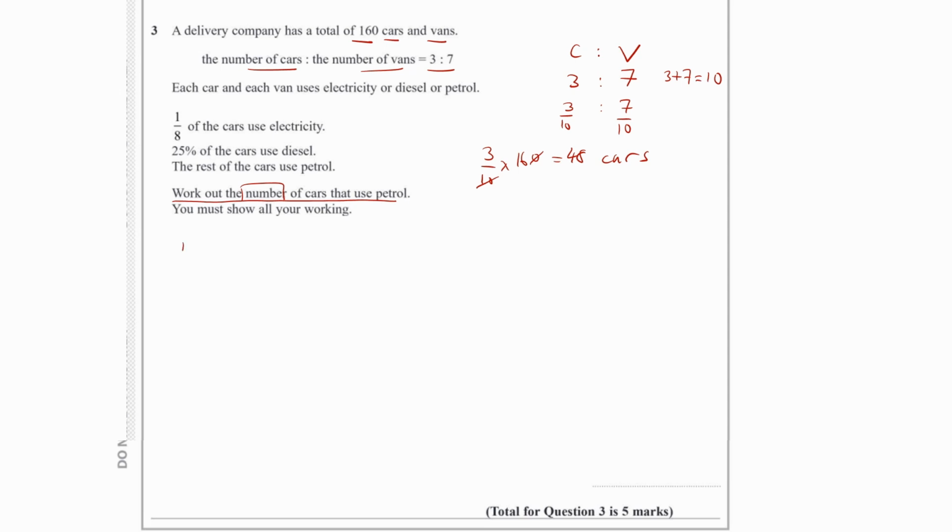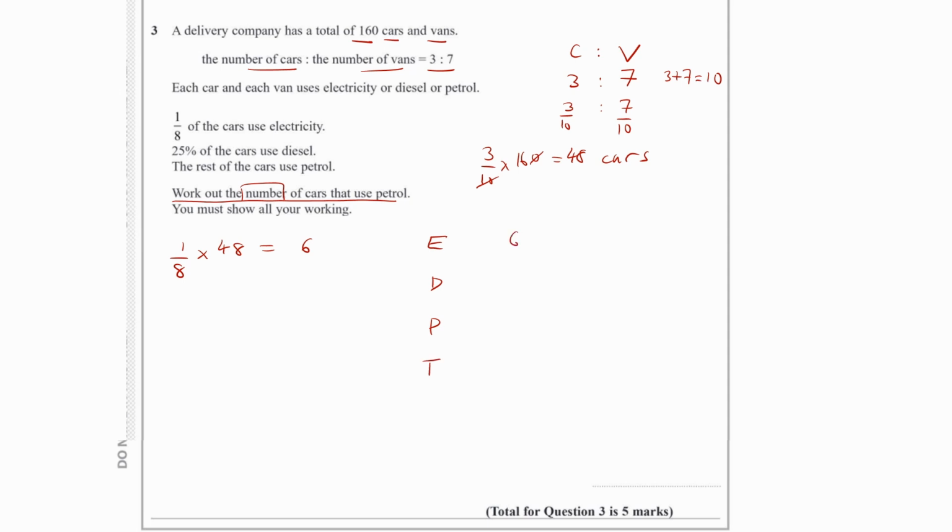Now, an eighth of 48 is 6. So 6 of the cars use electricity. So we could put a little table together here. Electricity, diesel, petrol, total.